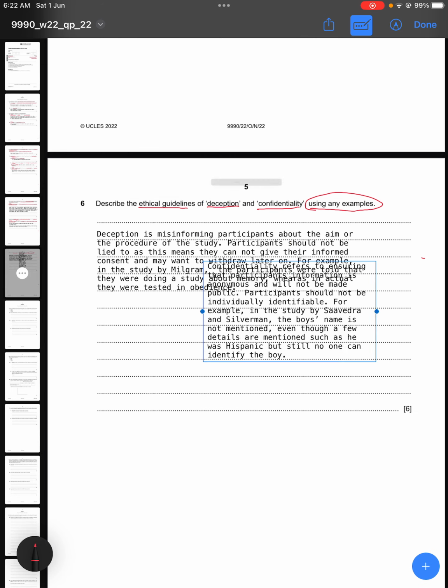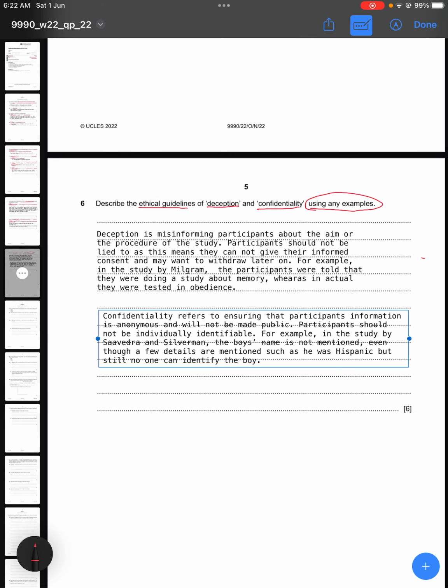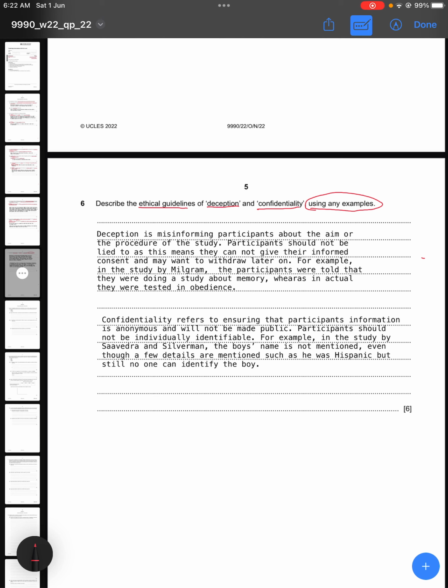Hence, this is the example where confidentiality was followed.